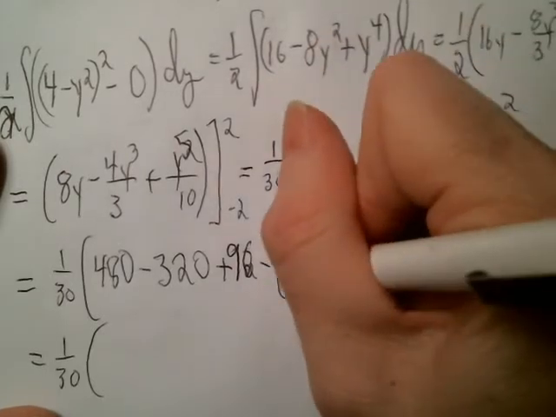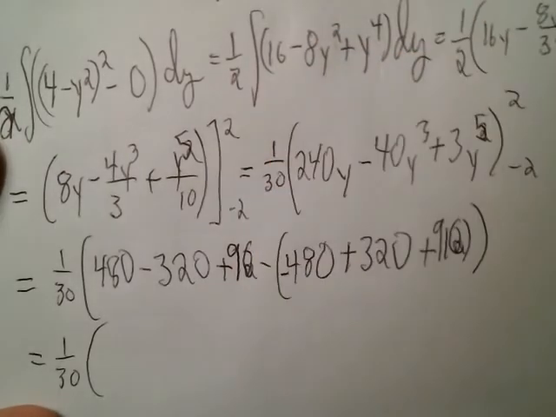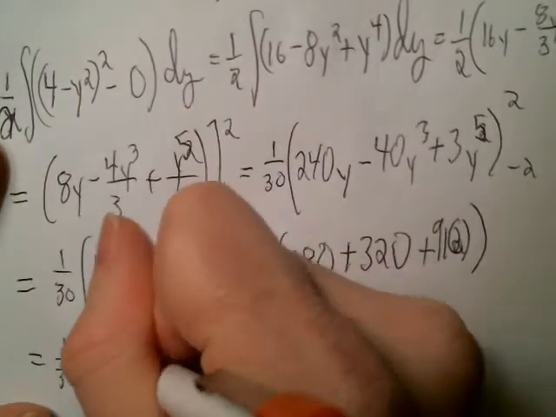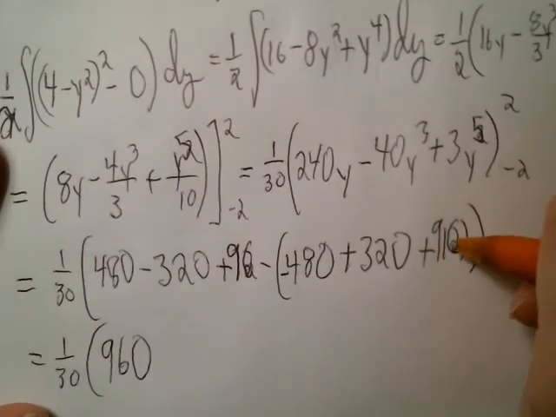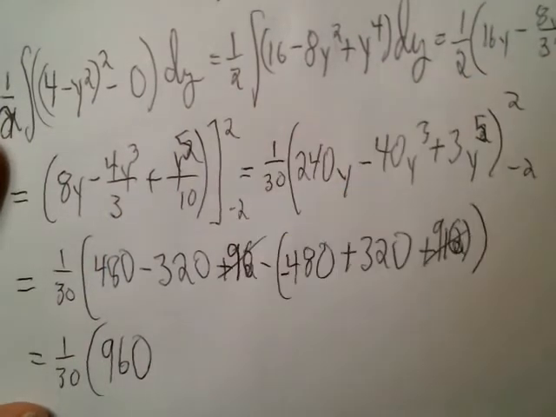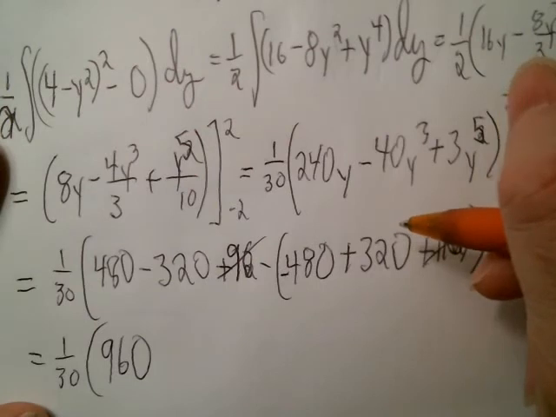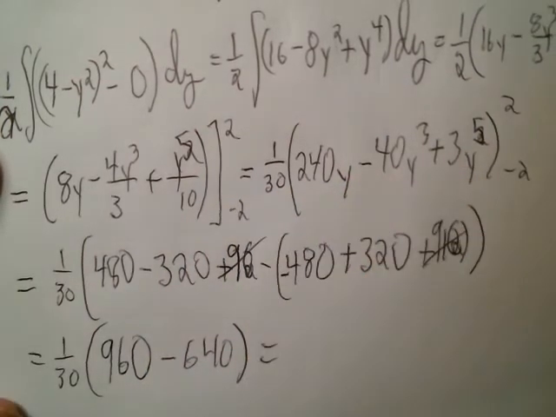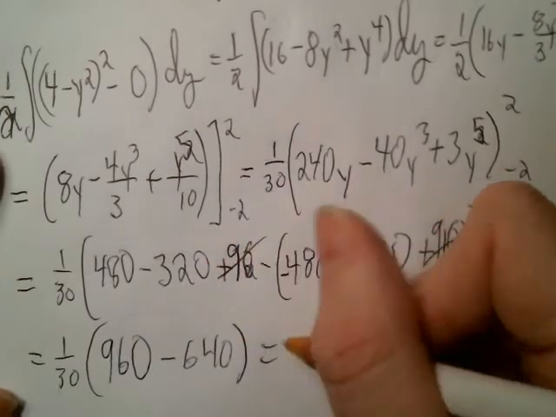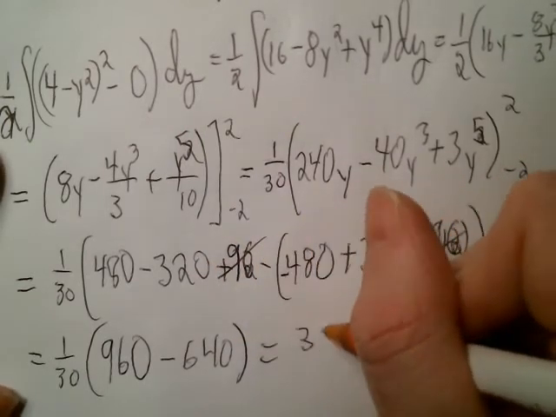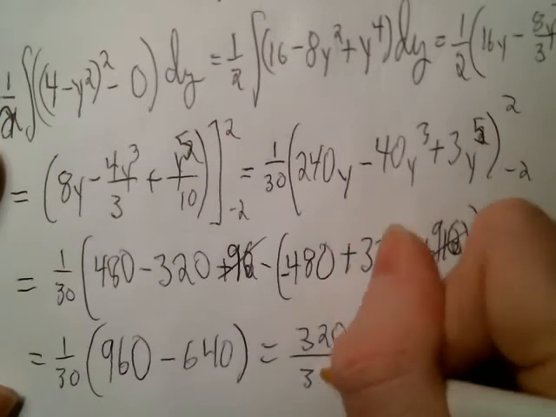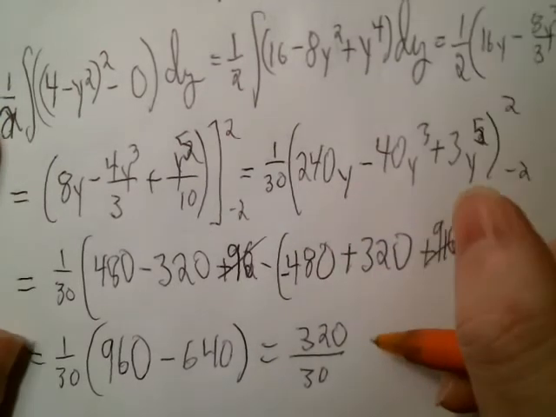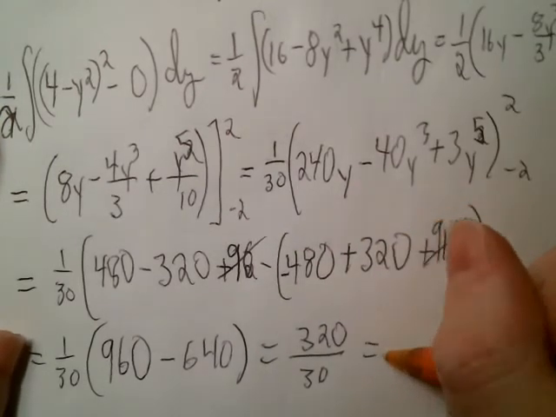Oh, this is -480. Well, that'll change things. Okay, so 960. These guys seem to cancel out. And minus 640. So 96 minus 64 is 32. So 32/3, really? That don't sound right.